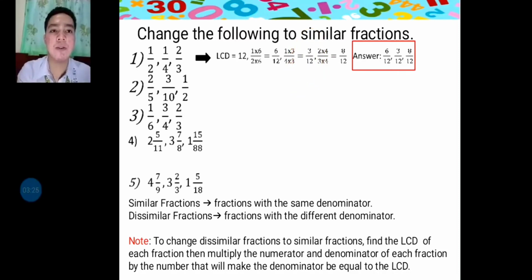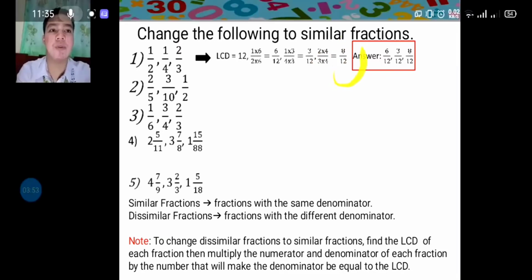Next, we have 2/3. To make the denominator 3 equal to 12, we have to multiply by 4, okay? Therefore, we multiply the numerator and the denominator by 4. So 2 times 4 is 8, and 3 times 4 is 12. Now we have 8 over 12.